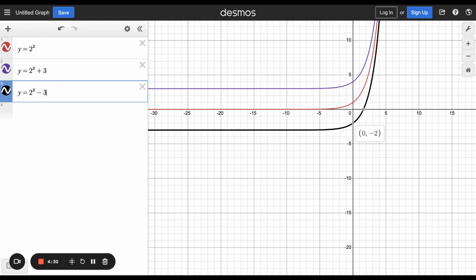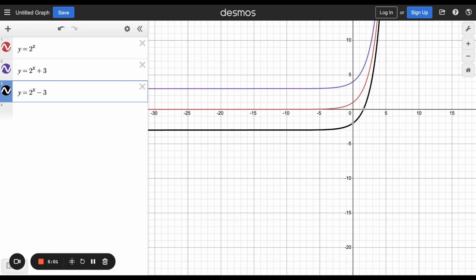So your y values are always going to be greater than negative 3. As x increases, you can see that the curve is going up. It's going to have higher values of y. But what is the lowest point that it can be? The lowest point is when y equals negative 3. So y equals negative 3 is acting as your asymptote. The curve doesn't go beyond this point.